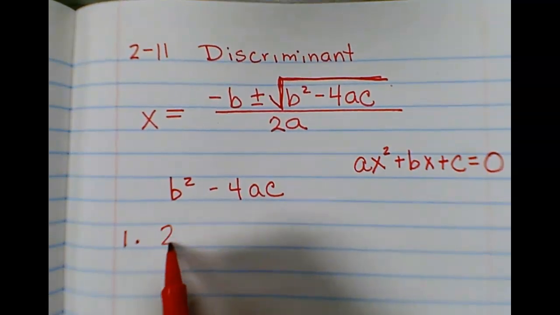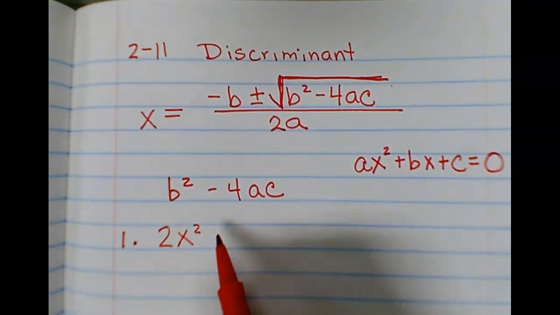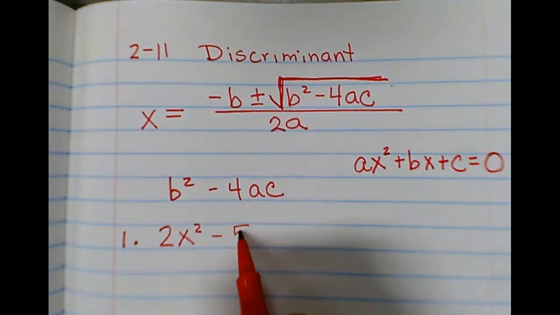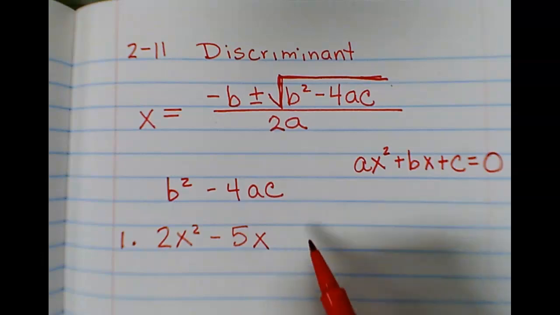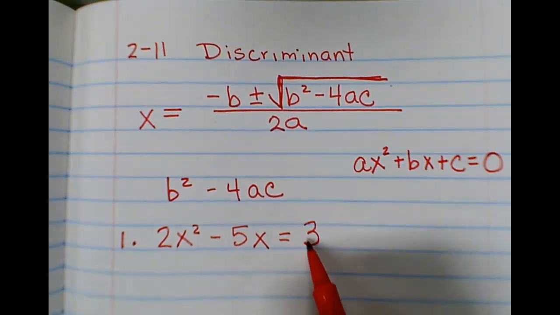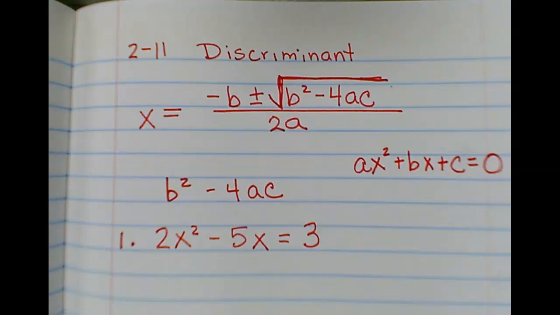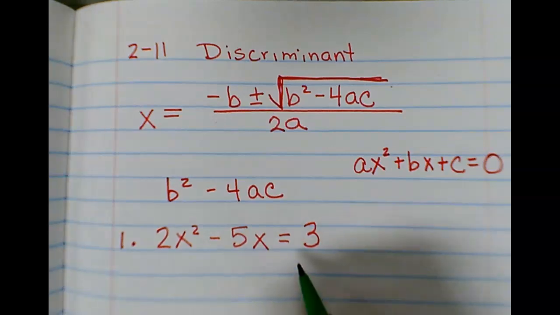So on our first example, before you can use the quadratic formula, you have to have standard form equal to 0. Do I have standard form equal to 0?